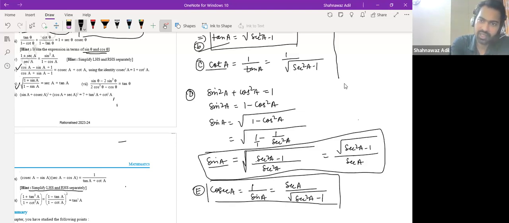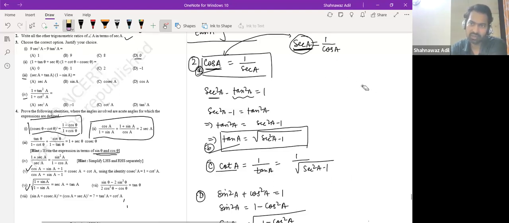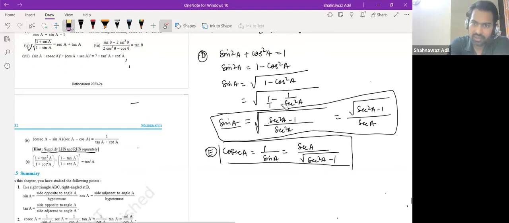Any doubt, guys? Abhi, Tejasvi, Faiz, any doubt? Sir, is it necessary to find the LCM and all? Is it okay if we just leave it as root of 1 minus 1 by sec square A? Yes, this one is completed, because this is also in terms of sec, right?